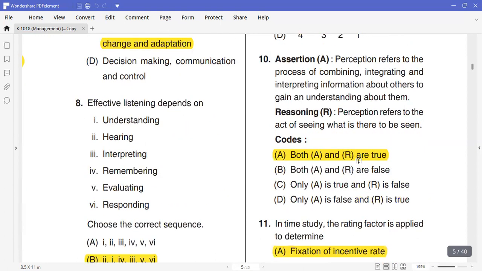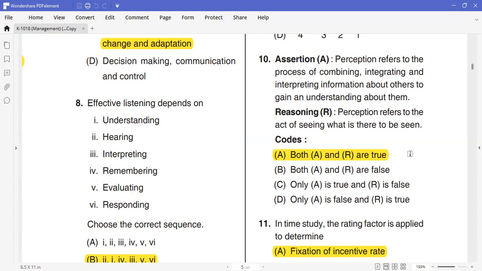Now let us go to the 10th question. It is a question related to assertion and reasoning. The assertion goes like this: perception refers to the process of combining, integrating, and interpreting information about others to gain understanding about them. So what do you mean by perception? Perception basically tells how the sense organs receive the stimuli from the external environment, how that information gets processed in the brain, and how the brain interprets it.